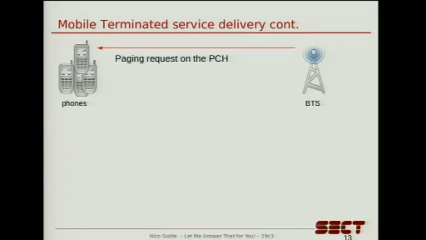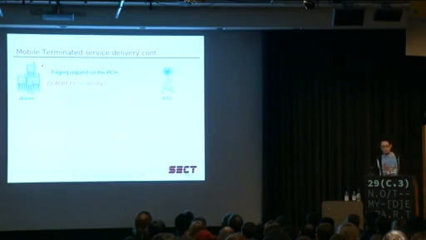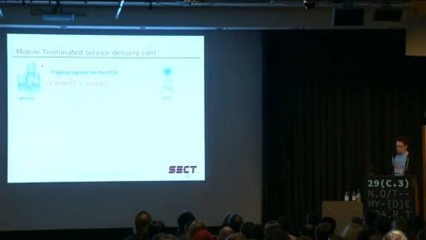So this is not seen by one phone. This is why we have multiple phones on the left side, and they are all camping on their cells and monitoring this paging channel. Each base station is providing one paging channel. So they see the paging request which arrives over the air, and they have to check if the mobile identity contained in the paging request is their own.